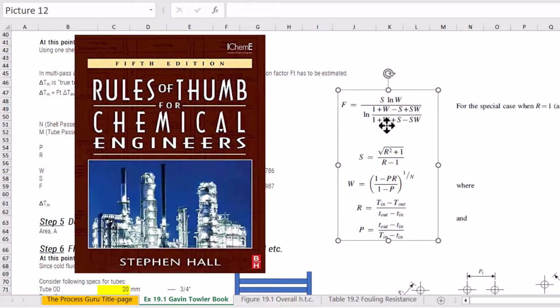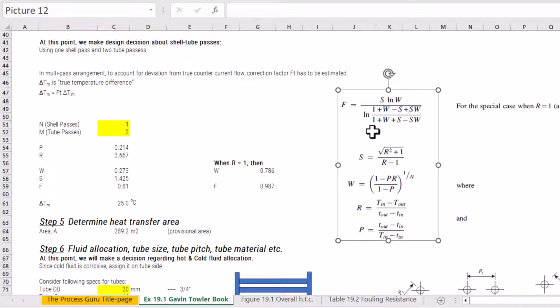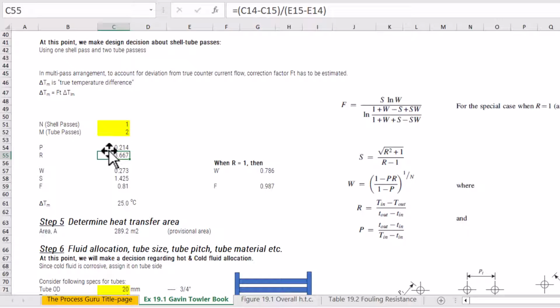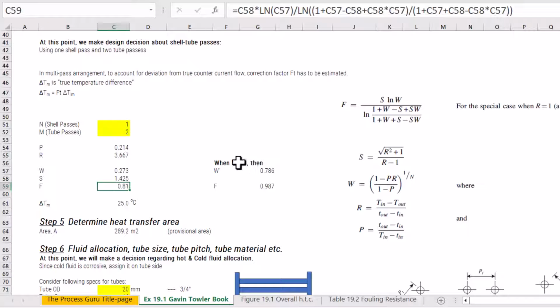It's Rules of Thumb for Chemical Engineers, and by using this formula we can easily calculate Ft, the correction factor. There are multiple parameters that we need to calculate: P and R. The formulas are already embedded here, then W and S, and finally we calculate F. If there is a special case where R becomes 1, then in this formula S becomes infinite. 1 minus 1 is 0, so 0 in the denominator makes this whole term infinite, and we won't be able to calculate it this way.